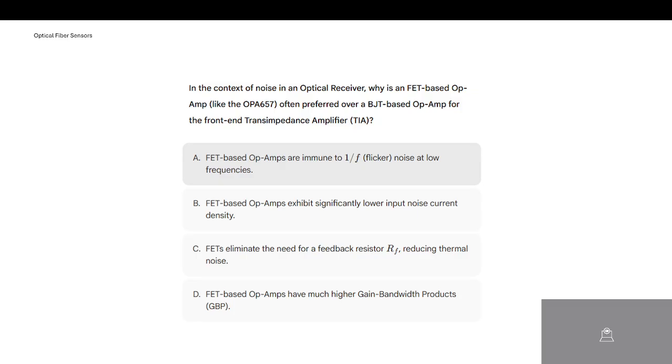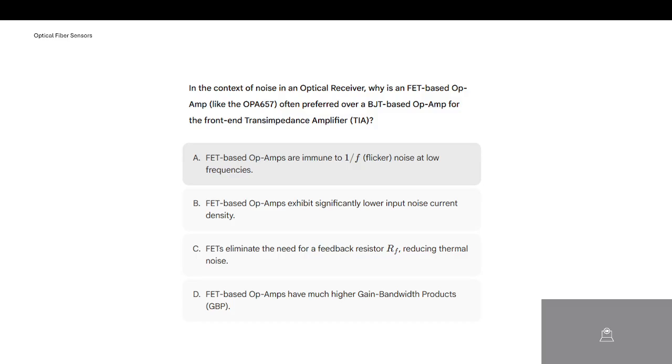Next question. In the context of noise in an optical receiver, why is a FET based op amp like the OPA657 often preferred over a BJT based op amp for the front end transimpedance amplifier TIA?